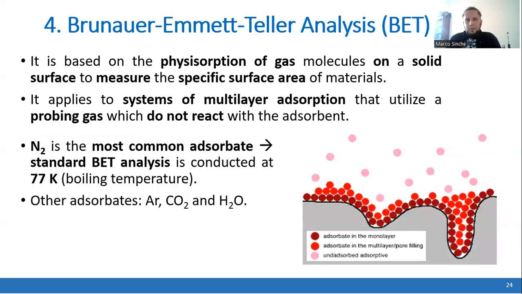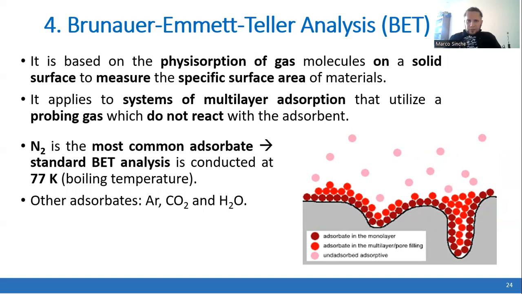Moving to the adsorption techniques, the one that is called Brunauer-Emmett-Teller analysis and is represented by the letters BET. It's based on the adsorption of gas molecules on a solid surface, and then the measurement of the specific surface area of the materials.